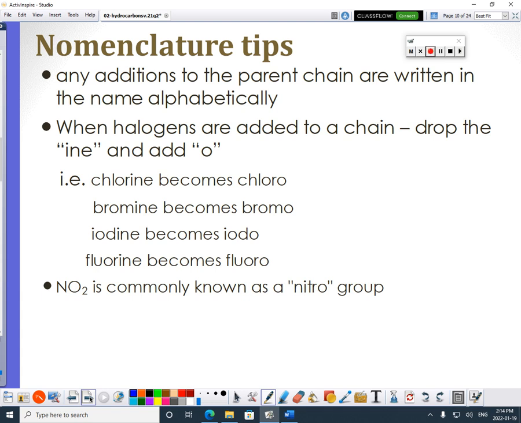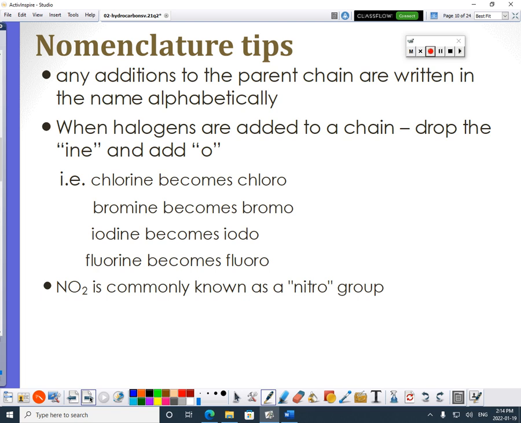And the convention, if you have a chlorine or a bromine, iodine, fluorine, instead of writing chlorine, we write chloro. Bromine, we write bromo. Iodine, we write iodo. If you wrote chlorine, the full word, I wouldn't take marks off. But just so when you see that, these 3 are most common. Iodine is very rare. It's a really big atom.